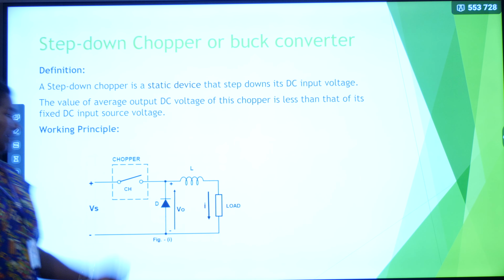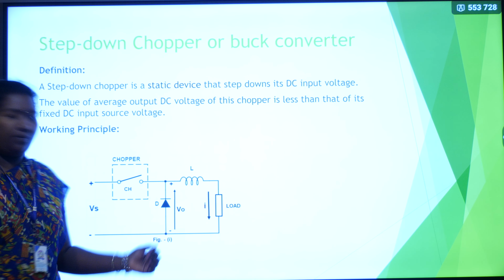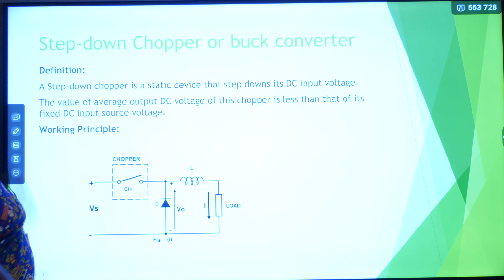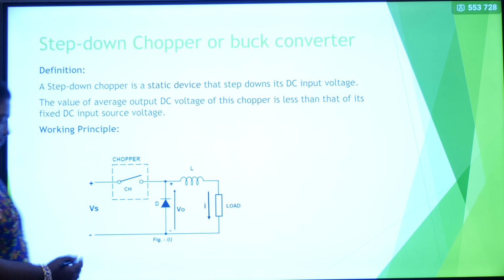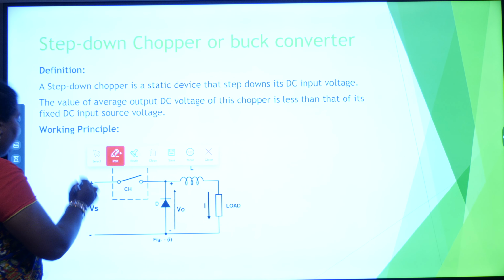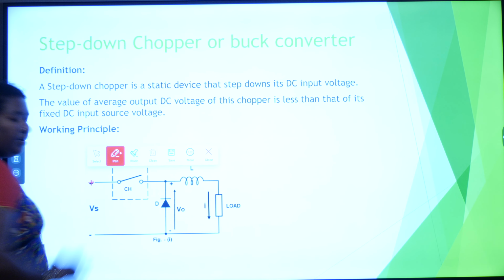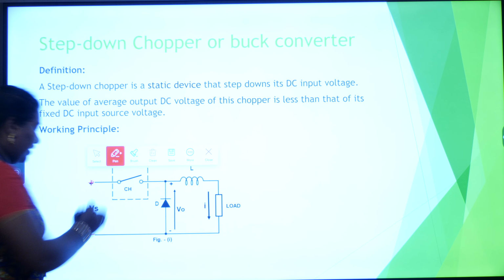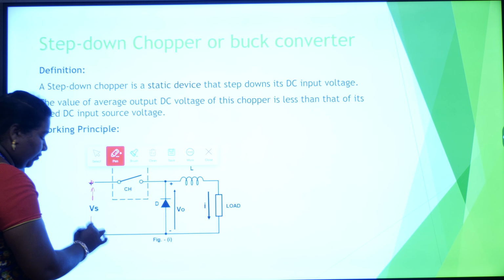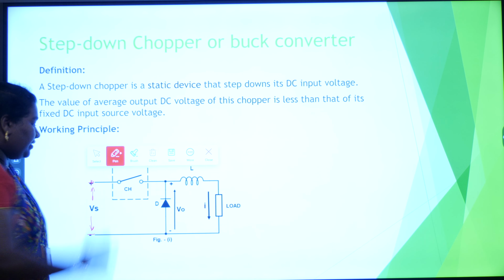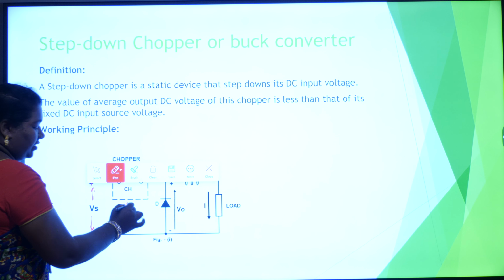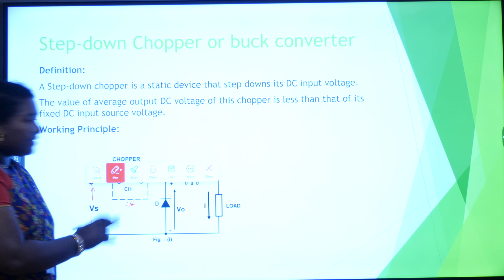The basic circuit diagram is shown below. The input is taken from the plus and minus terminals, so this is the input voltage Vs. Next, the chopper CH is connected in this position, and it acts like a switch.